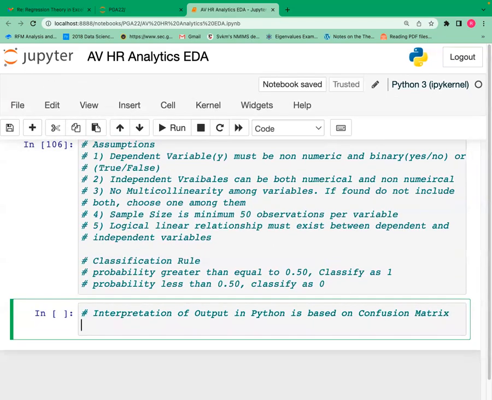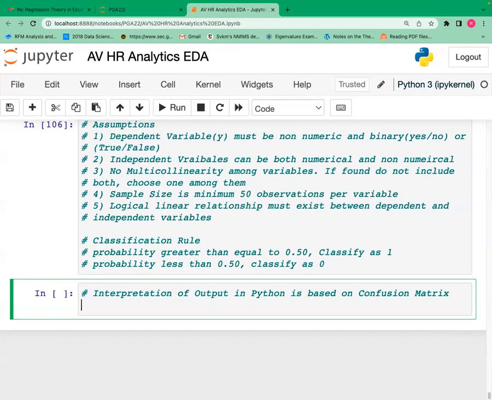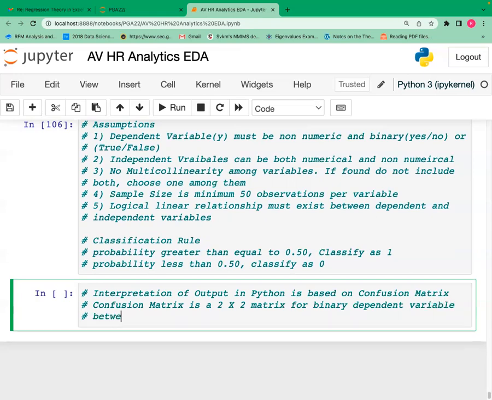A confusion matrix is a 2 by 2 matrix for a binary dependent variable, between actual class and predicted class.